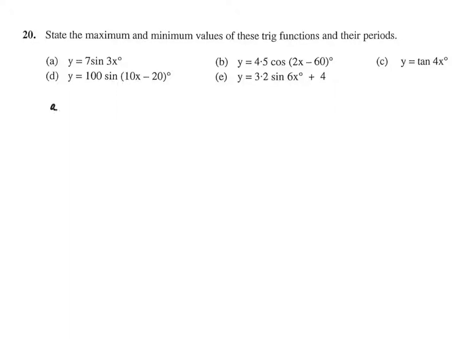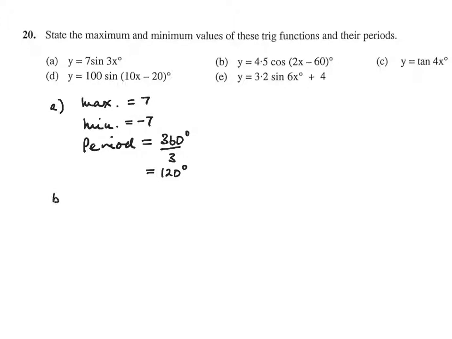Part A, the maximum value is 7, the minimum value is -7, and the period is 360 degrees over 3, which is 120 degrees.